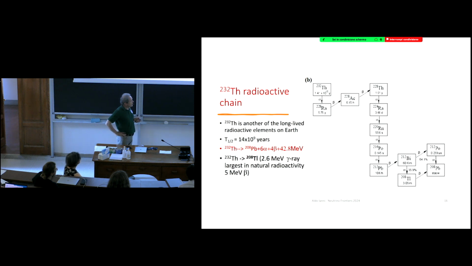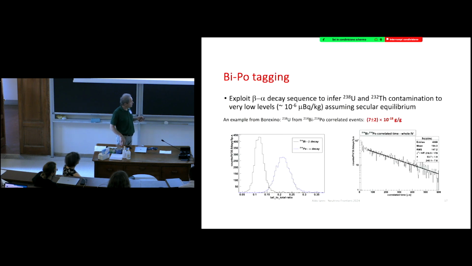Similar thing for the thorium chain, where you have 6 alpha decays, 4 beta decays. In addition, here there is thallium-208, which produces the hardest gamma ray from natural radioactivity. Okay, so in fact, all the beta decays with a Q value less than 2.6 MeV have trouble with this radioactivity.